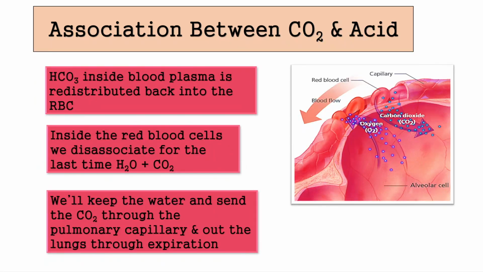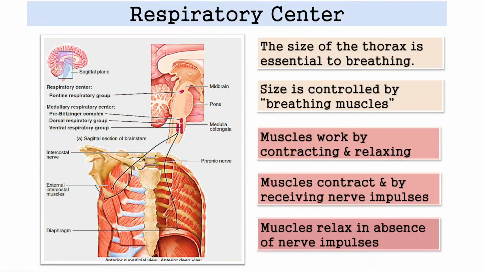In a normal patient, it's constantly changing from acidic to non-acidic, back and forth. It only becomes a problem if we have somebody in cardiac arrest, severe asthma, any type of diabetic ketoacidosis, things like that. All right, the respiratory center.